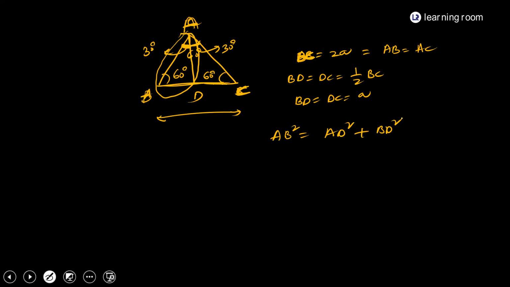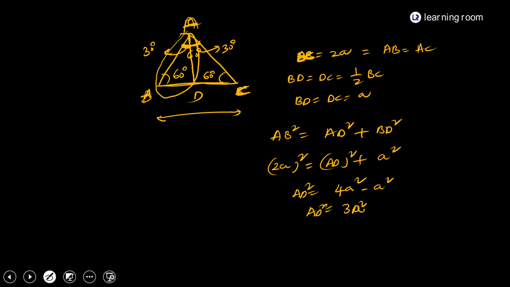We need to find out AD square. BD square is A square. So AD square equal to 2A whole square, which is 4A square, minus A square. So AD square equal to 3A square.